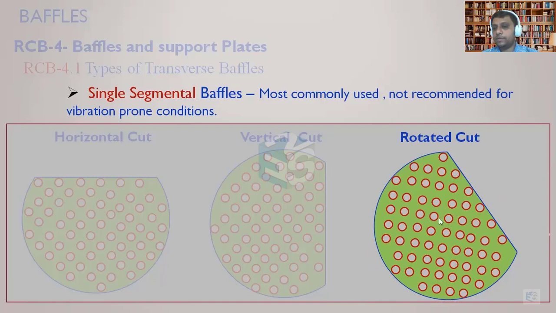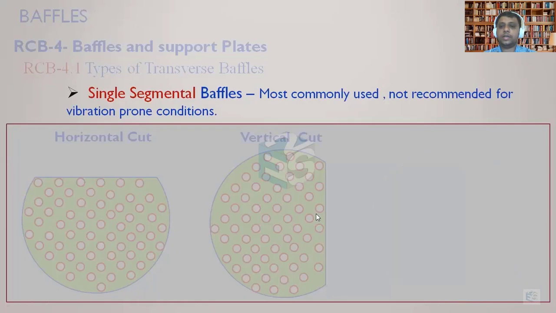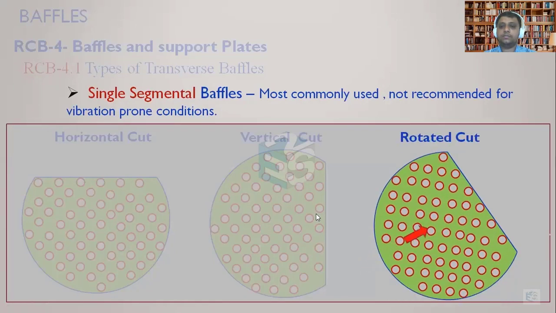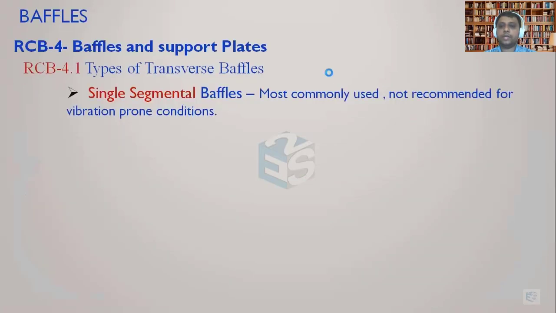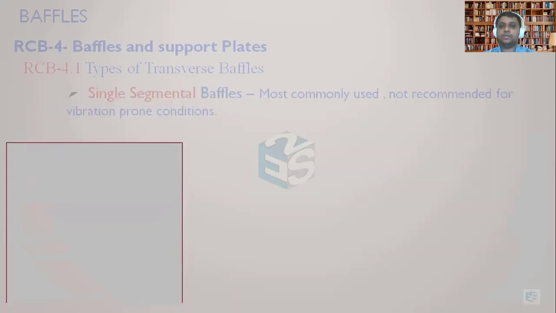Actually the flow will come from this direction, but since it has been rotated, it has to pass in the direction perpendicular to this. So how is it going to happen? Let's have a look. This is the way the flow is going to move across the baffle.